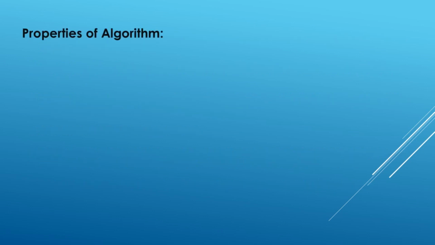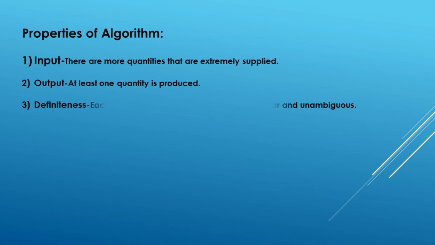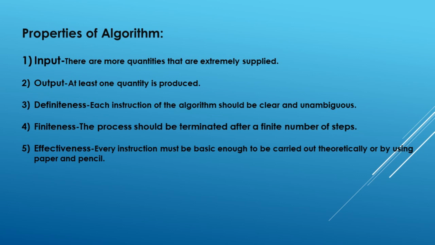And next, we discuss the properties of an algorithm. Those are input, output, definedness, finiteness, effectiveness. First one, input. There are zero or more quantities that are externally supplied. Second one, output. At least one quantity is produced. Third one, definedness.